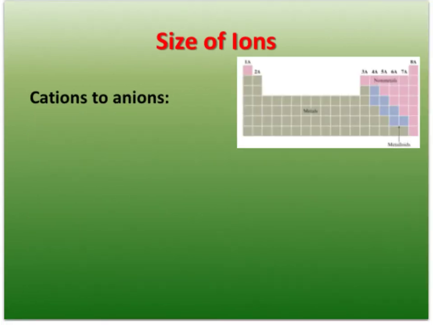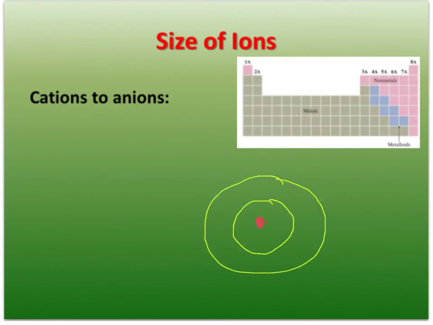So now let's compare cations to anions. If I'm going to use this representation here, we have our nucleus and we have our energy levels. If we're going to form a cation, that means we're going to lose electrons. If we lose electrons, we lose an energy level. So what happens to the size? The size decreases.